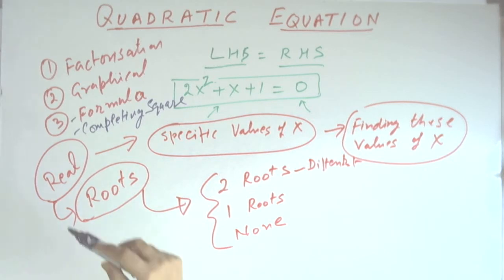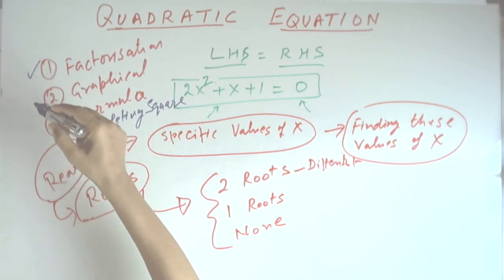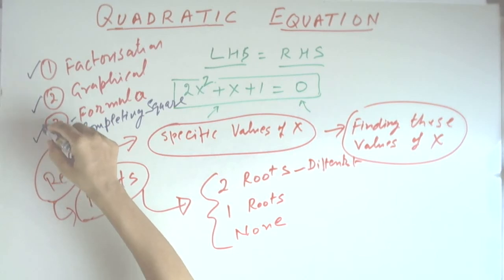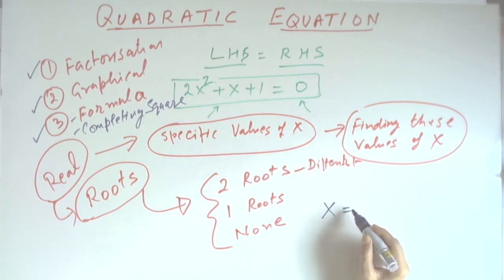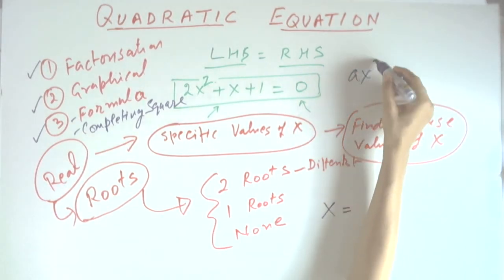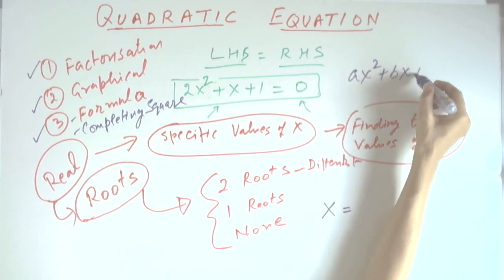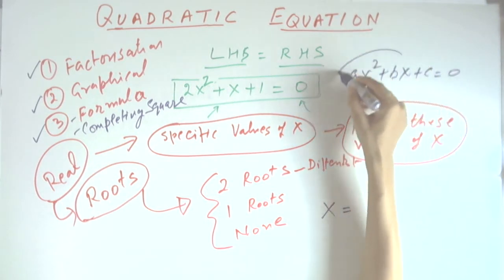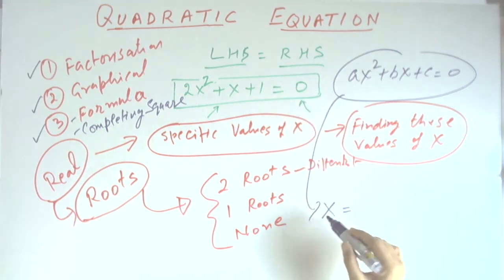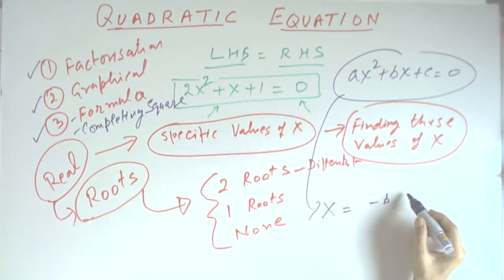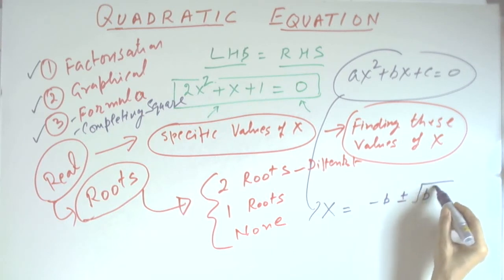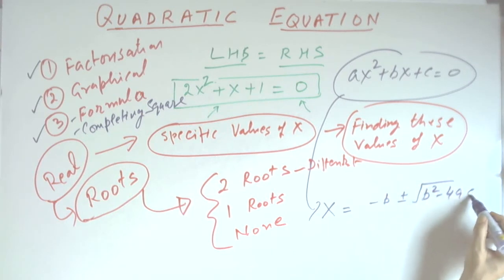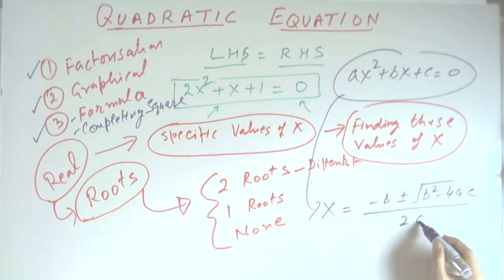So factorization, graphical method, then the completing square method, and the formula: for a given equation in this format, ax square plus bx plus c equal to 0, the value of x is minus b plus minus square root of b square minus 4ac, over 2a.